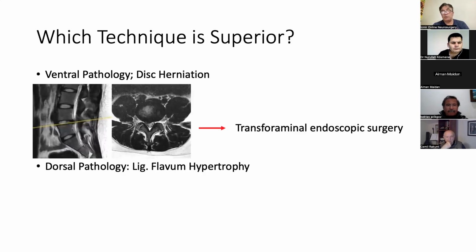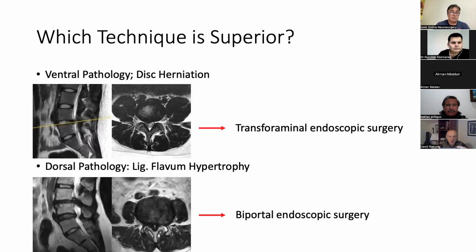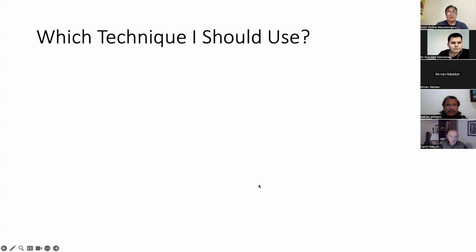Biportal endoscopic spine surgery can be more effective for most dorsal pathologies. Aspiring endoscopic spine surgeons should learn both uni and biportal endoscopic spine surgery. Soon, most residents and junior surgeons will be able to learn both techniques in university hospitals.